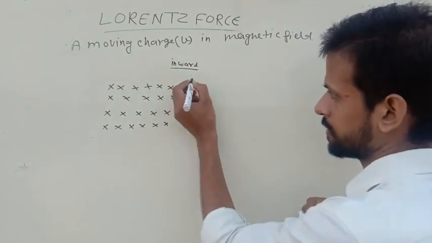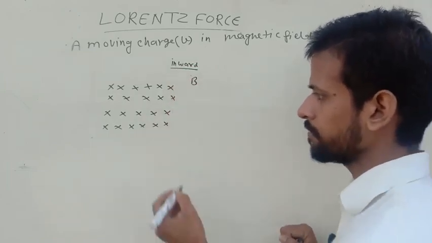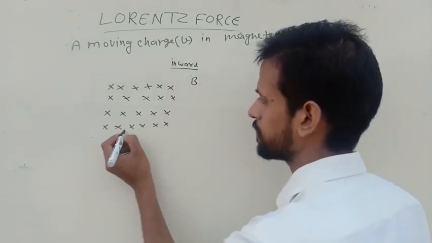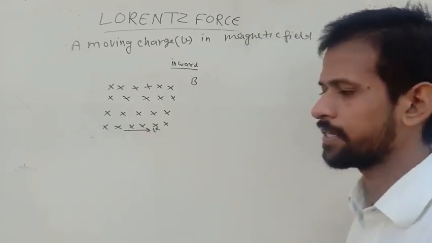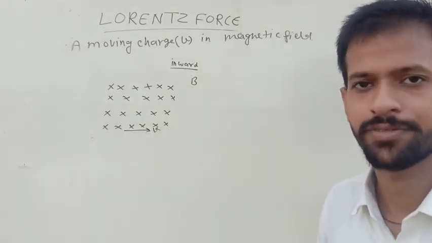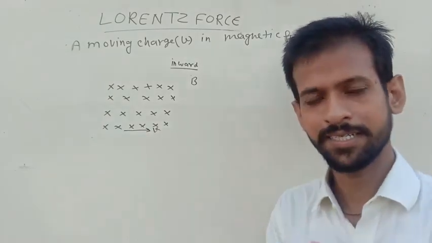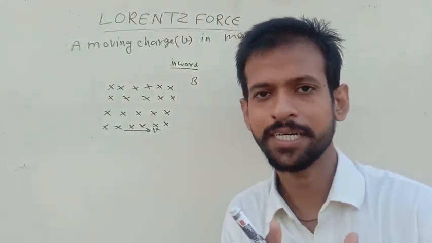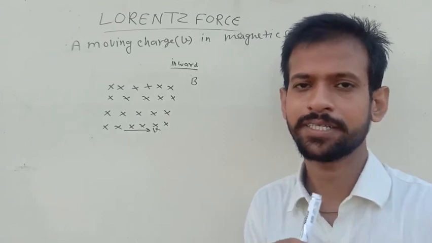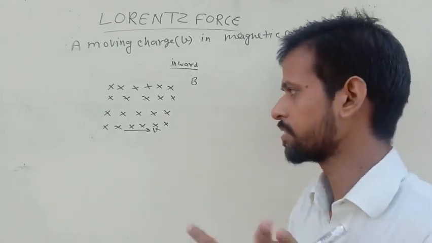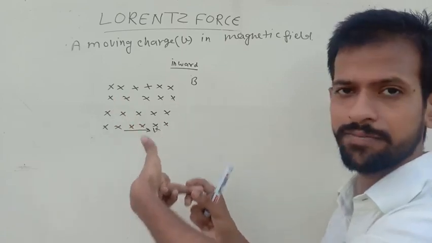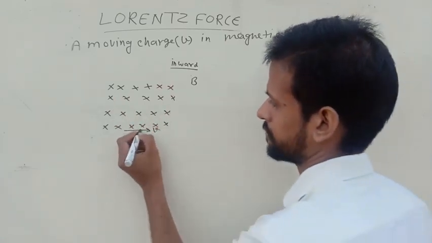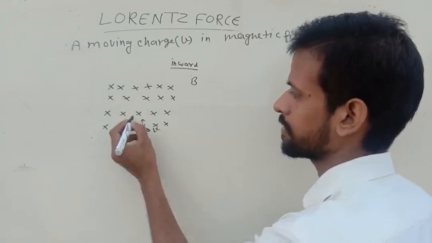Now a charged particle is moving in this direction with velocity v. What will be the direction of force? We know that this finger represents the direction of magnetic field, this finger represents the direction of velocity, and this represents force. So this is the direction of field, this is the direction of velocity, then force will be in the upward direction. This is the direction of force.